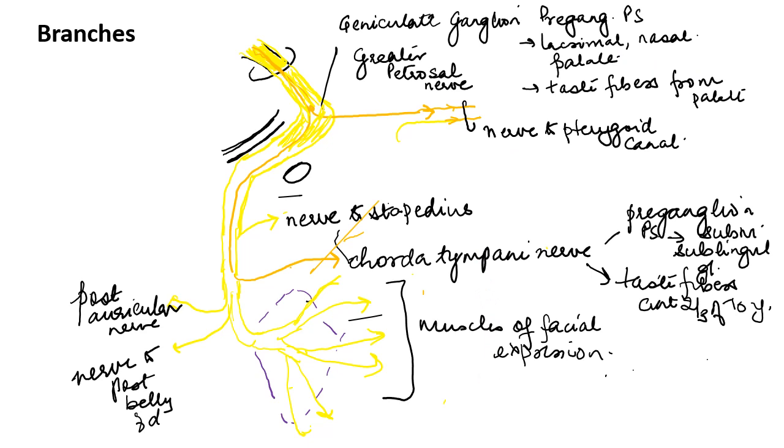So the patient will complain of hyperacusis, right? Because this nerve has got injured, there will be decreased salivation, loss of taste from the anterior two-thirds, as well as paralysis of muscles of facial expression.